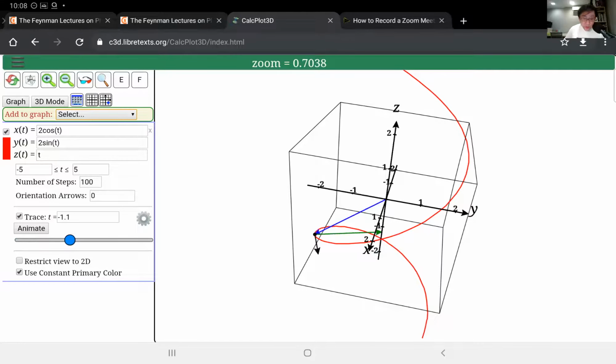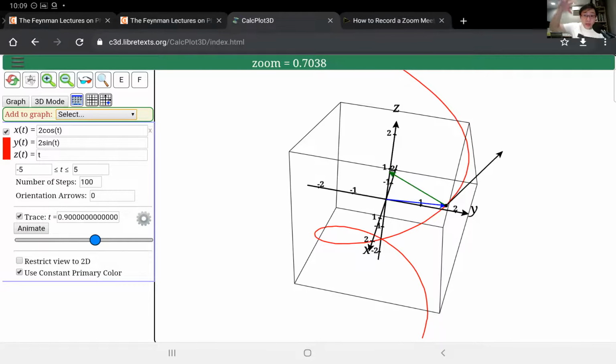See the blue curve right there? When I change t, that is the direction of my vector-valued function. The blue vector is tracing the curve, which in this case is our helix.